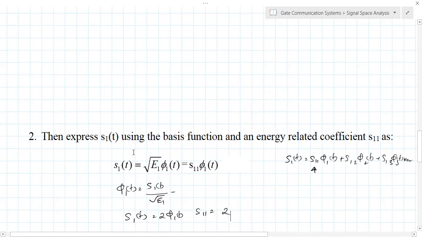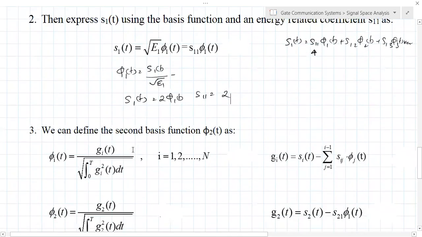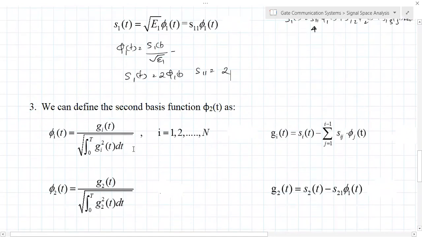Okay. Now we will discuss the second part, that is we need to evaluate phi 2. In order to evaluate phi 2, we can use the general formula. Here phi i of t is g i of t divided by root of the integral from 0 to T of g i of t the whole square dt.